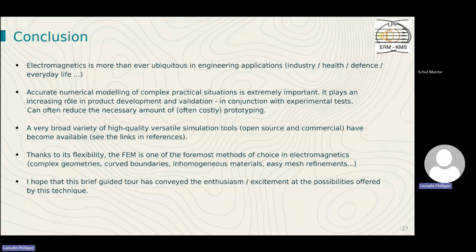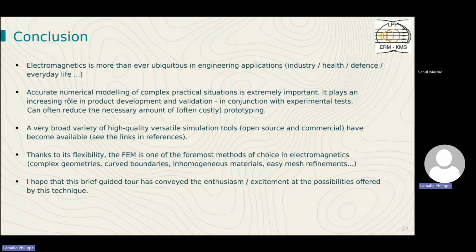The finite element method is extremely flexible and is therefore one of the main methods in electromagnetics, and given that it allows to deal with complex geometries, in particular curved boundaries, complex cocktails of materials with inhomogeneous properties. It allows to easily refine meshes, and it also allows to combine problems of different nature, like I mentioned earlier, the electrical and thermal problems.